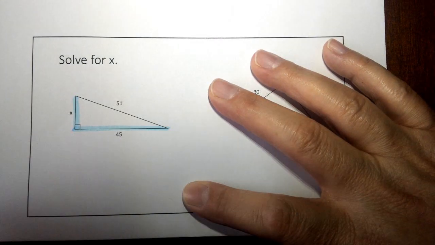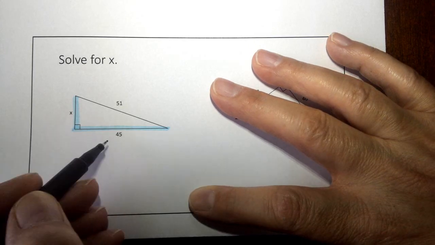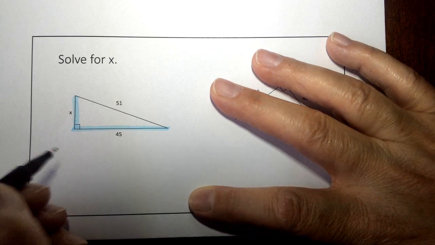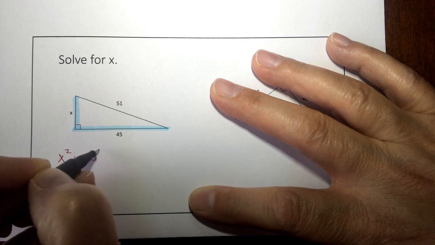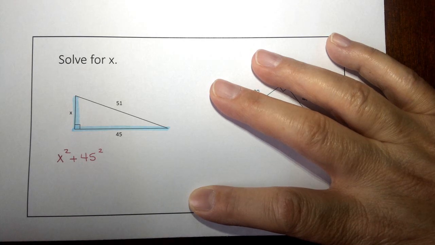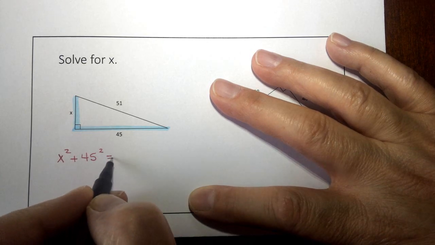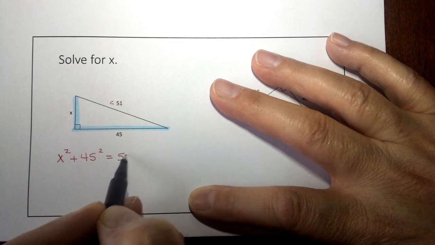So legs come first. They're on the left side of the equation together. So X and 45 are the legs. We could say X squared plus 45 squared, or 45 squared plus X squared if you want the other order, it doesn't matter, is equal to, C is always the hypotenuse, so 51 squared.